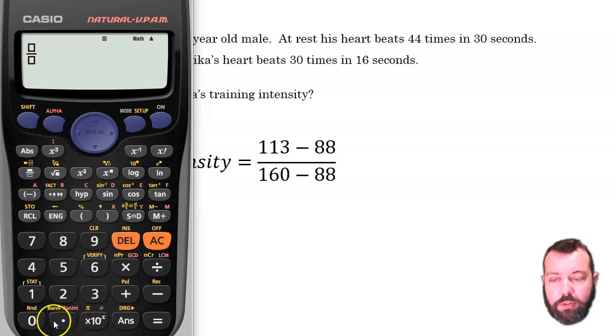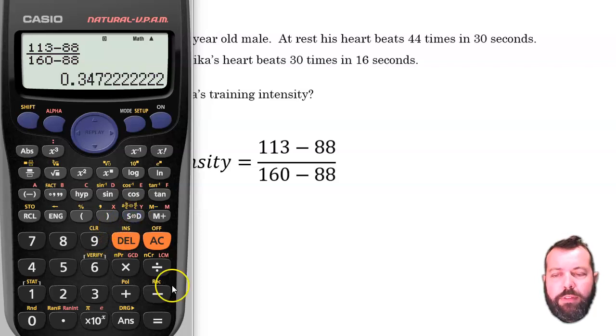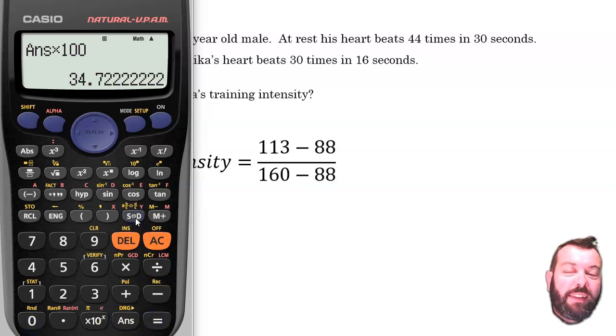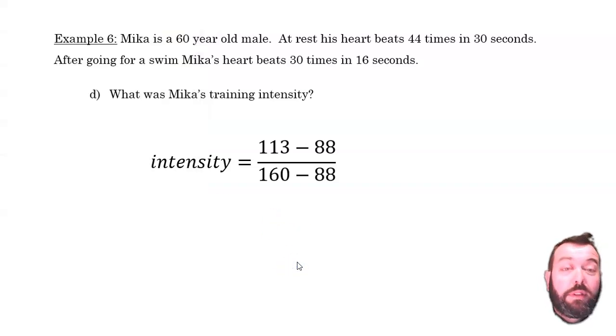Let's put the fraction up first. 113 minus 88 over 160 minus 88 equals. Now we get this, what is a percentage? So let's multiply it by 100. Again, 34.7, maybe 35%. Sounds pretty good. So Mika is training at about 35% intensity there after his swim.